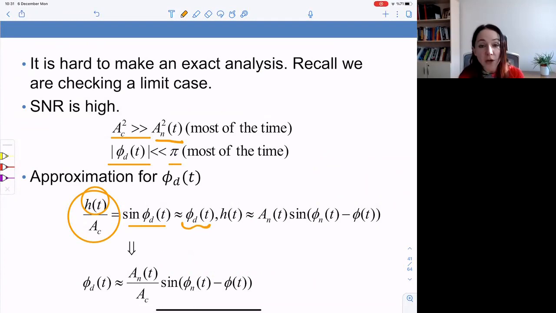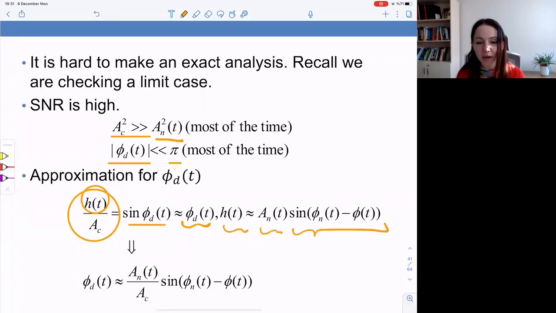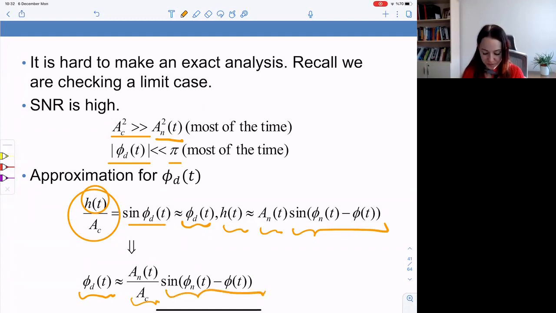But similarly, from the other little triangle that I was struggling with just a moment ago, h of t is approximately An sine of phi n minus phi. That makes sense. Now, from those two things, we reach the approximation that phi d is approximately equal to An over AC sine of phi n minus phi. What are we trying to do?